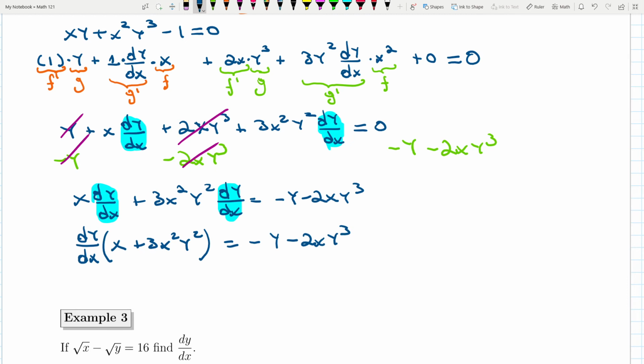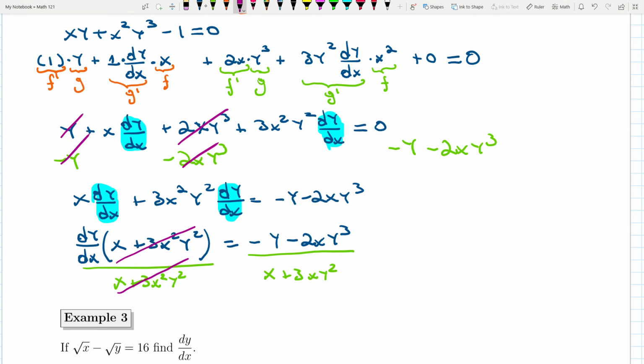And well, we're only one step away from getting this done. In other words, all we have to do is divide both sides by x plus 3x squared y squared, divide by x plus 3x y squared. We are essentially done finding this derivative.